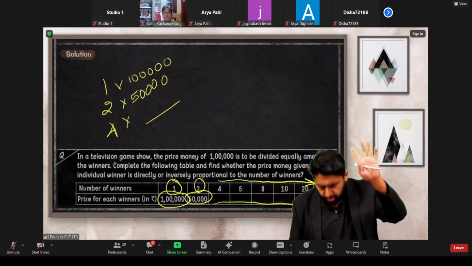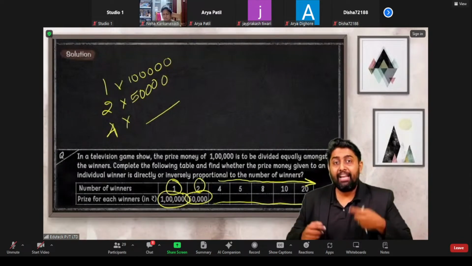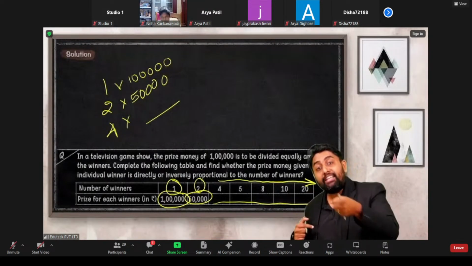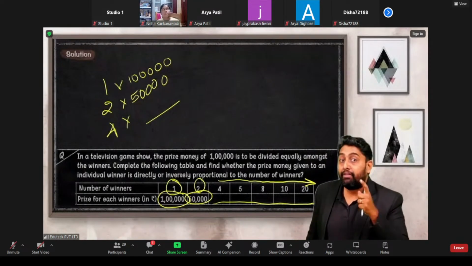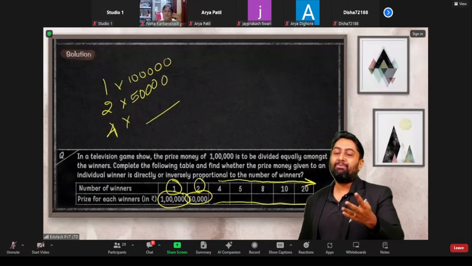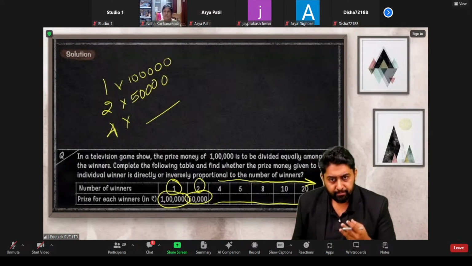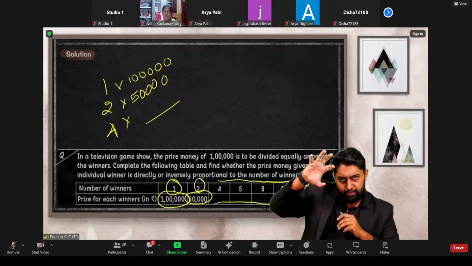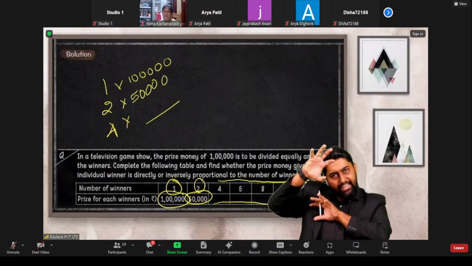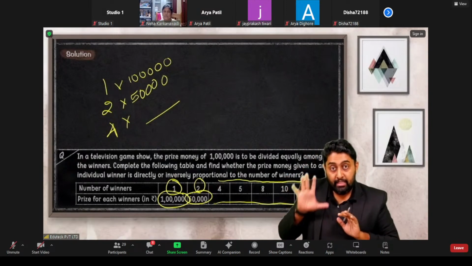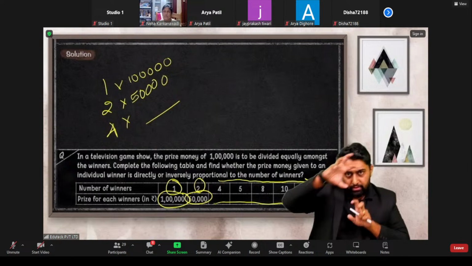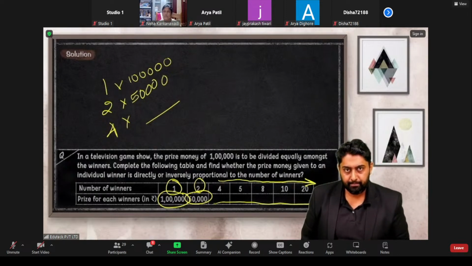No problem, not an issue. But I have shown you one way of getting an answer quickly when the question is based on inverse proportion. First value of the first quantity and first value of the second quantity, multiply. That value should be equal to the second pair also, right?